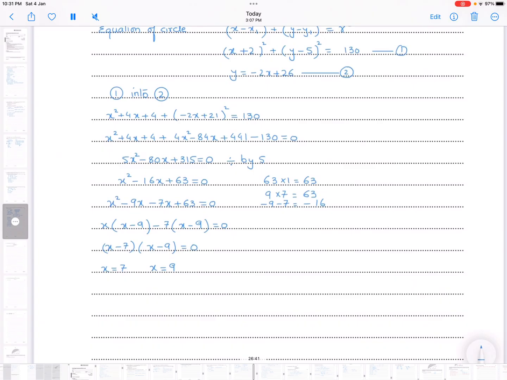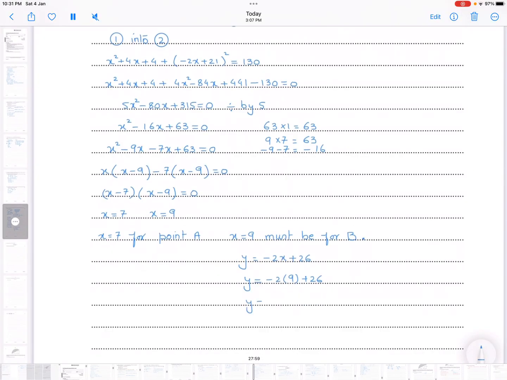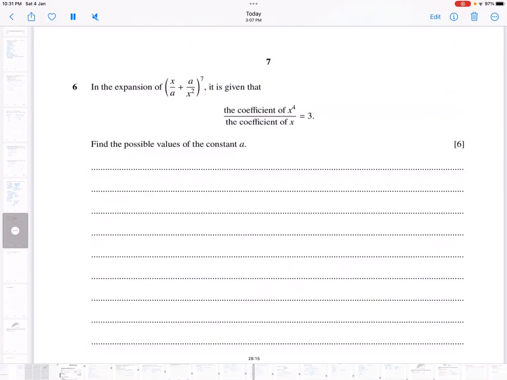So 7 is already there in the coordinates of A, so leave it. And so x equals 9 must be the x coordinate for B. So now use this x equals 9 to get the value of the y coordinate. So the coordinates of B are (9, 8).